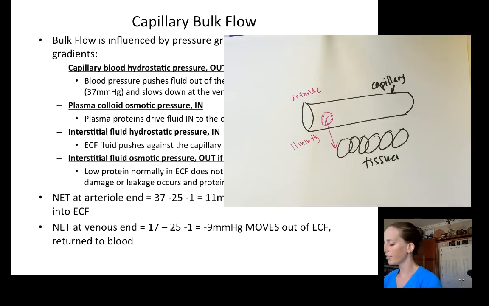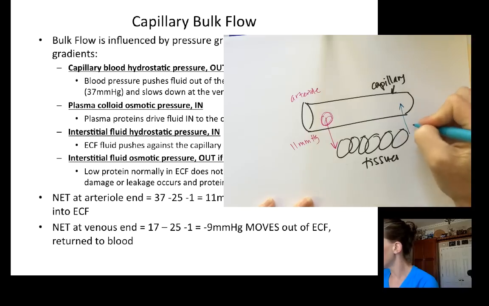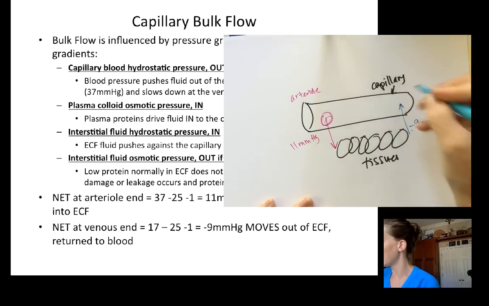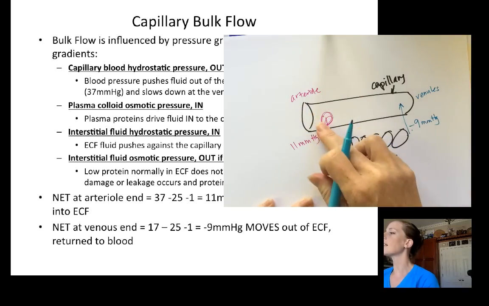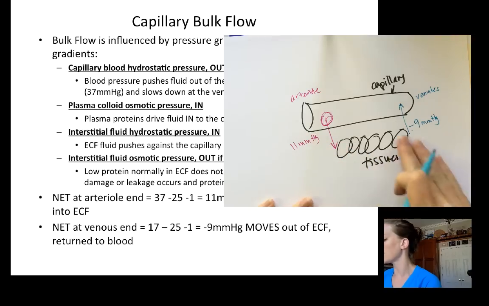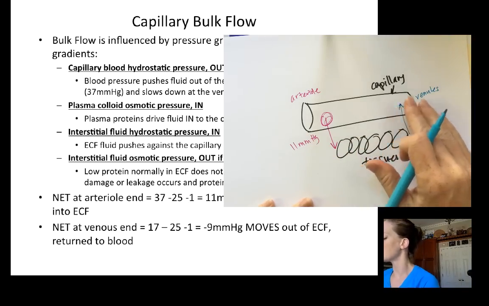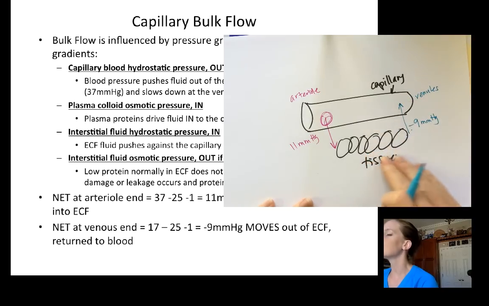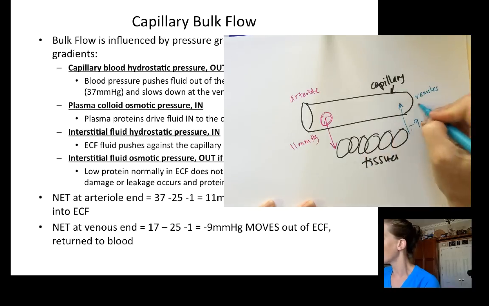And we have a net flow from the tissues back into the capillaries of negative 9. That negative tells us it's moving in from the tissues into the venules. So this is doing exactly what we want in the body, which is to put the fluid into the tissues so that we can get the oxygen and the nutrients to the tissues, and then return the fluid back to the venules so that we can remove the waste and bring that deoxygenated blood back to the heart.